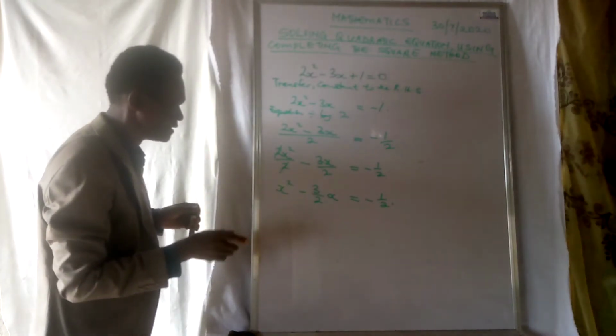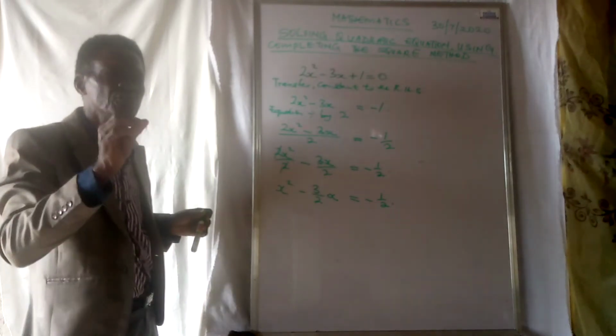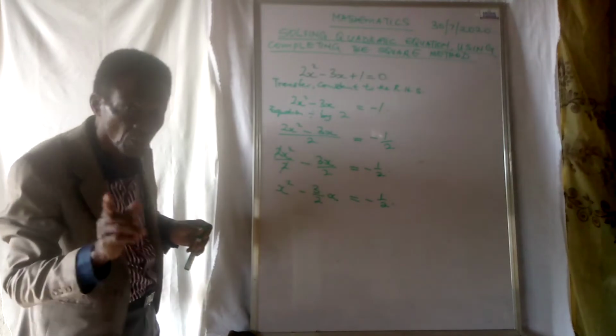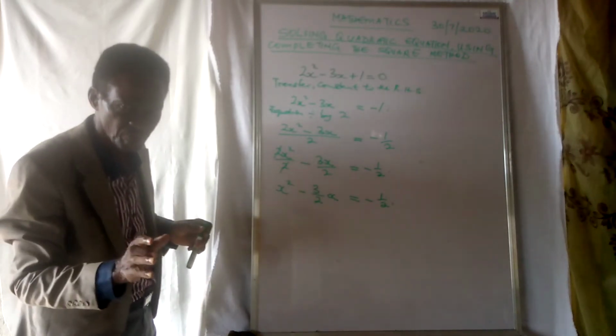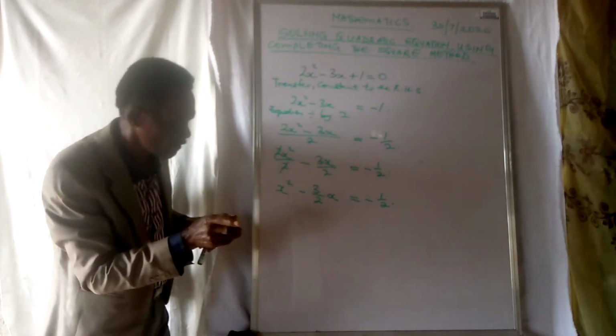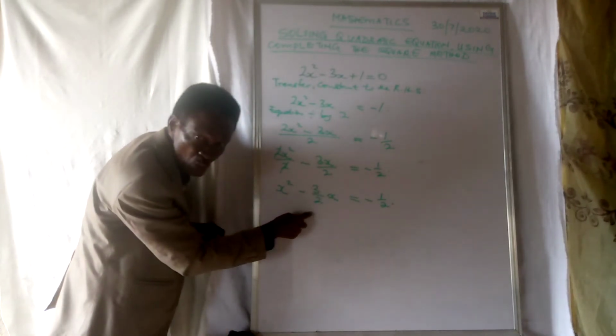What we do now is we are going to do three operations almost simultaneously. One, we divide the coefficient of the unknown to first degree by 2.